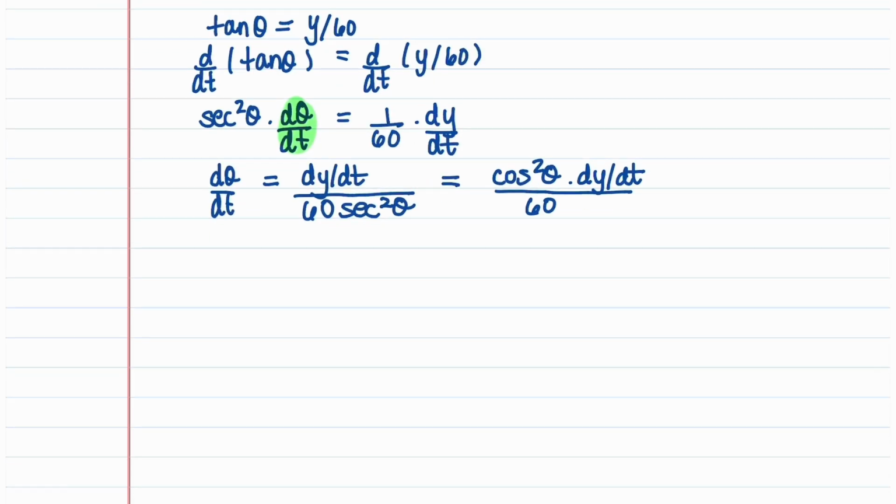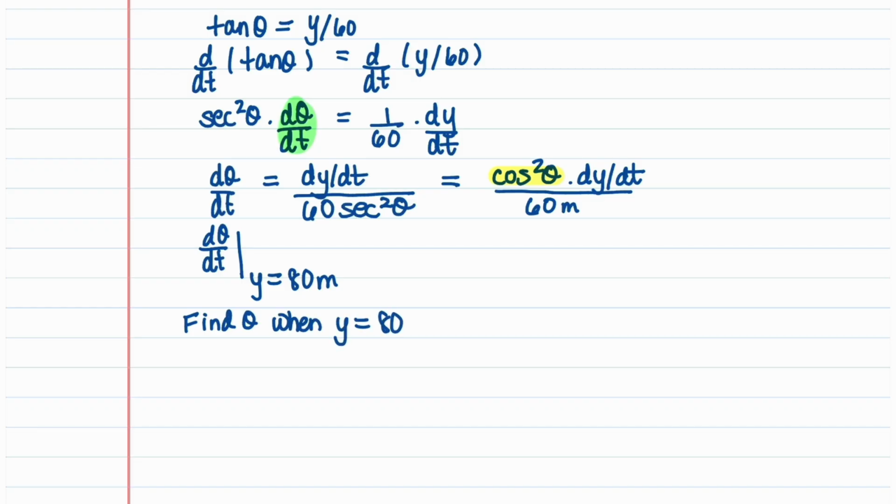And I'm going to put that our 60 is in terms of meters. Now we want to find dtheta/dt when y is 80 meters. Notice in our equation that we have cosine squared theta. So I'm going to put down here that we have to find theta when y is 80 meters.